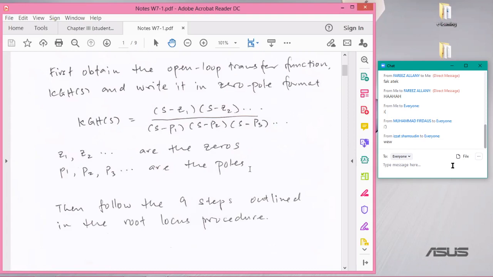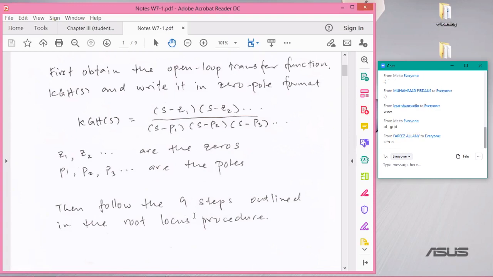When I say poles, it is the values P1, P2, and P3. Those are the poles. All right. Any question? Is that clear? I know it is a lot. Don't worry too much about this. We'll get this.